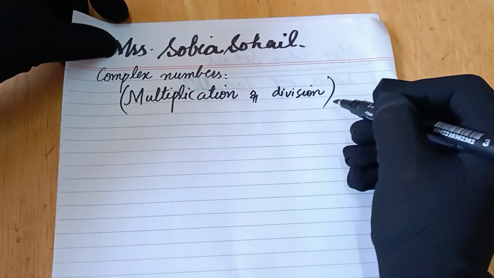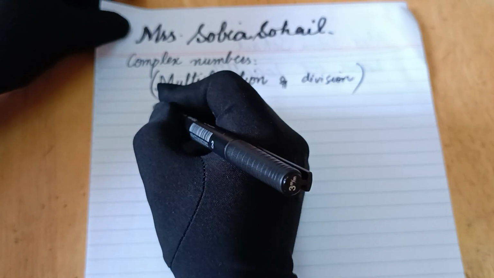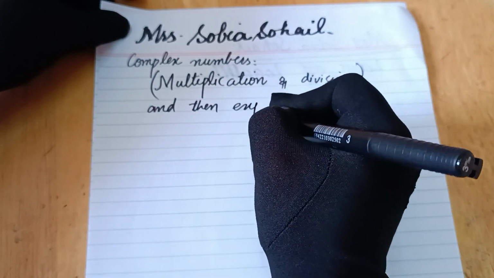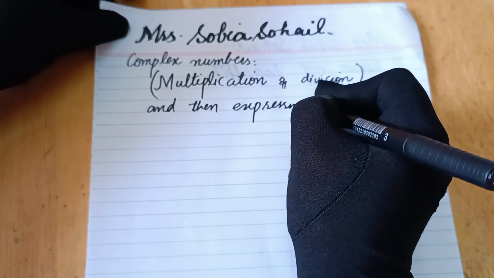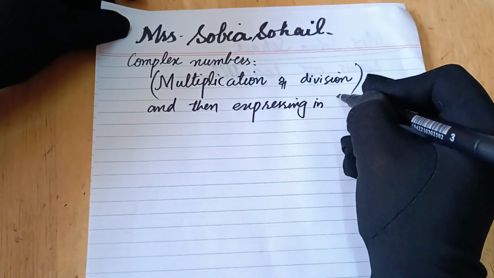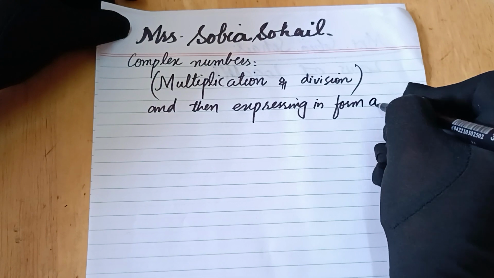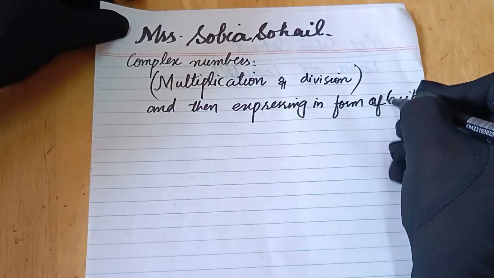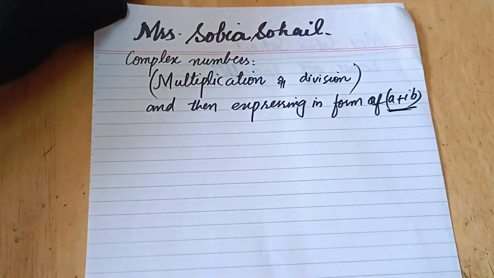And in the last, representing and then expressing in the form of a plus iota b. This is the standard form of the complex number.